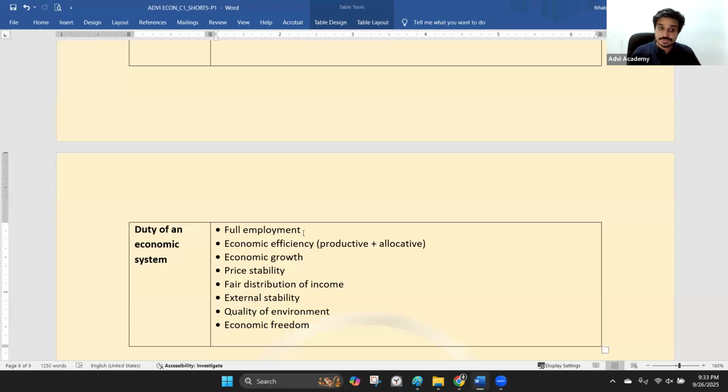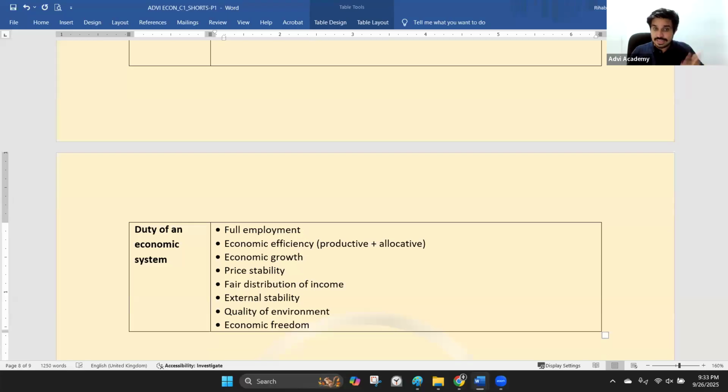The economy has to grow, right? Every year there has to be some sort of GDP growth. So I will add these words here: GDP growth. Full employment is measured as employment versus unemployment. We will keep it as it is. Price stability means we have to keep inflation at low single digits.